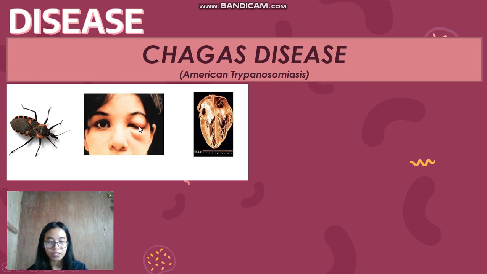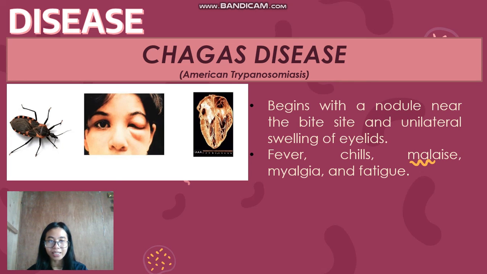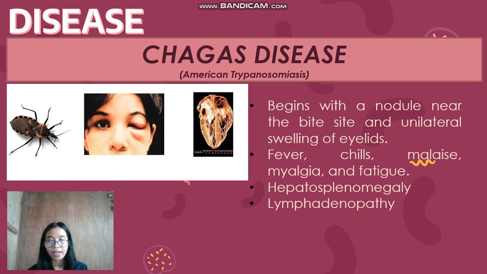So it is accompanied by fever, chills, malaise, myalgia, and fatigue, and it begins with a nodule near the right side and unilateral swelling of the eyelids. It also causes hepatosplenomegaly and lymphadenopathy or the enlargement of lymph nodes, and myocarditis with cardiac arrhythmia.